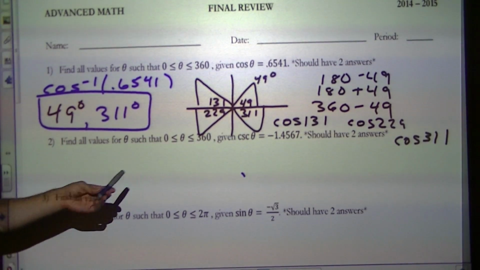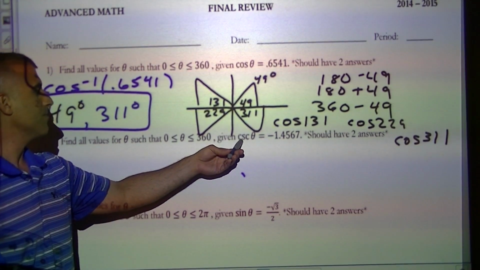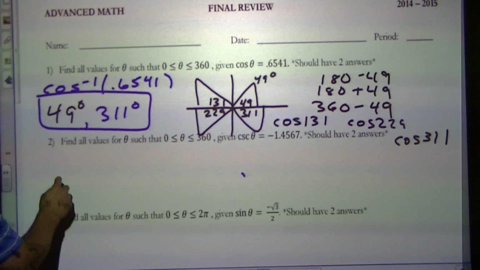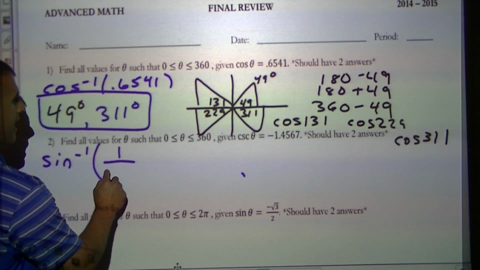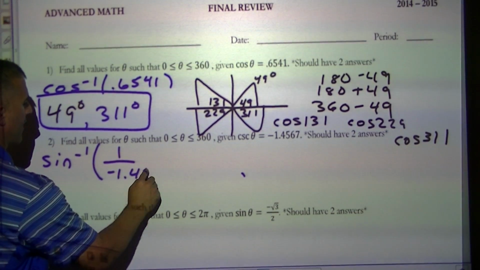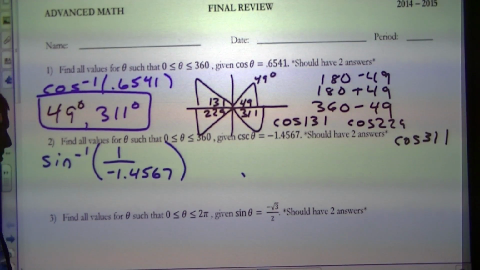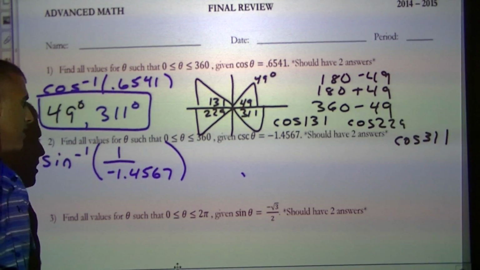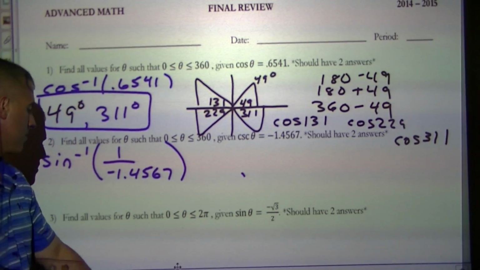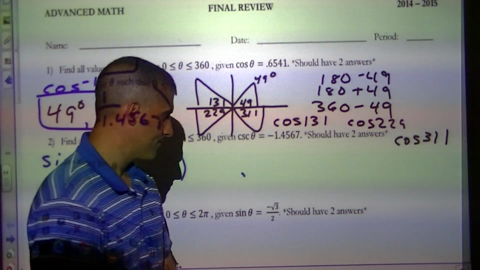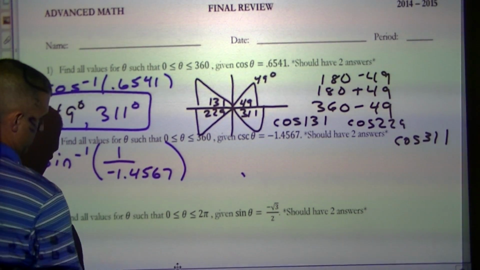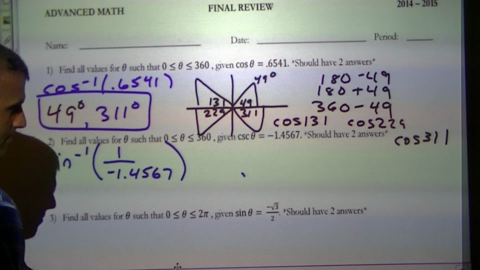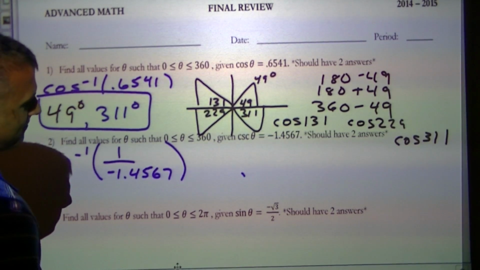Number 2. As you notice here, it's cosecant. So you're going to take inverse sine, but you're going to do 1 divided by negative 1.4567, since there's no inverse cosecant button. My computer froze.